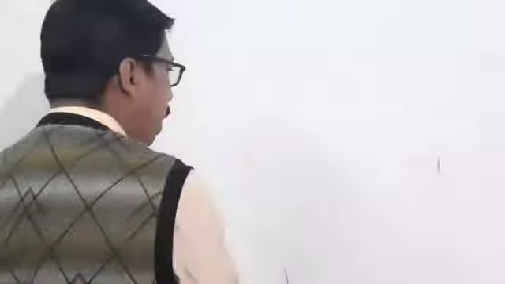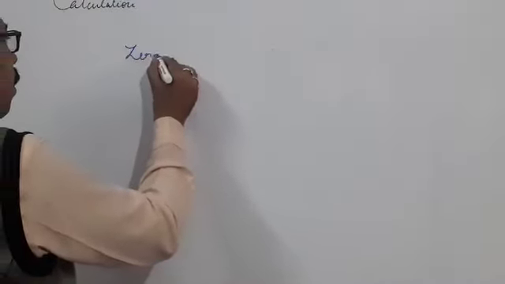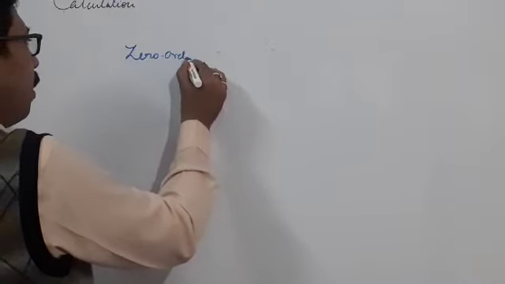This type of graph is applicable to identify a particular type of reaction in terms of its order. For example, zero order reaction.